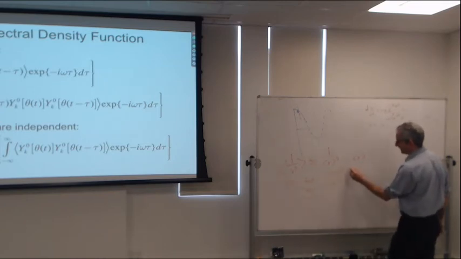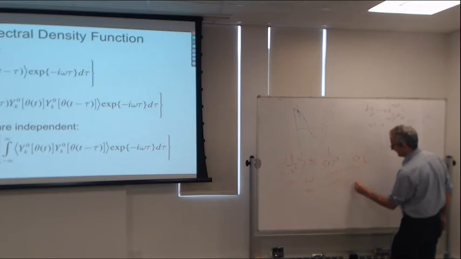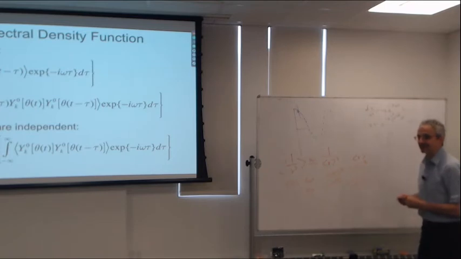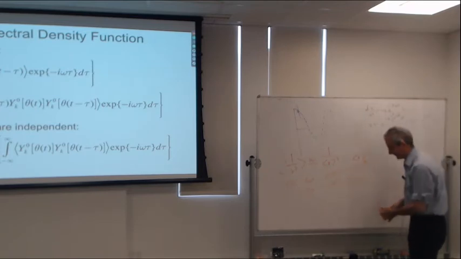For the dipole coupling, this would be 1 over r cubed averaged, squared, and here it would be the average of 1 over r to the 6th, because the dipole coupling goes 1 over r cubed. And these aren't going to be necessarily the same thing.